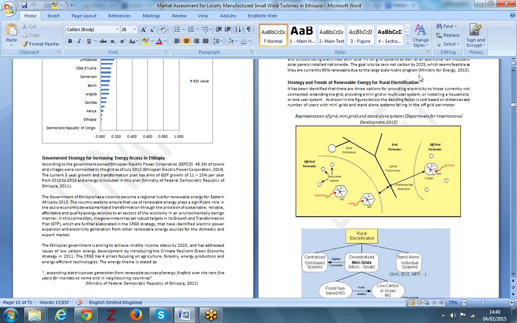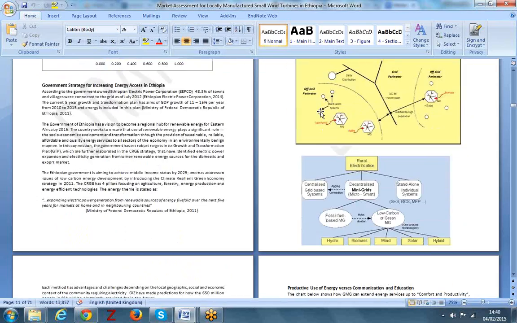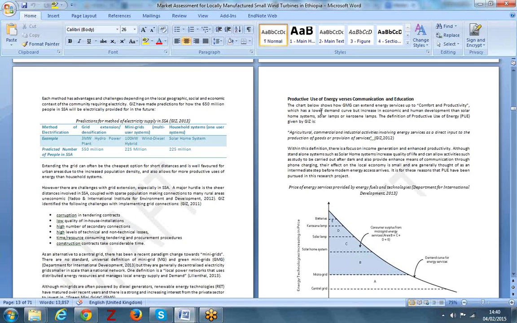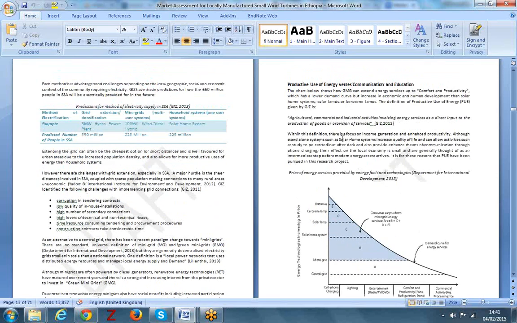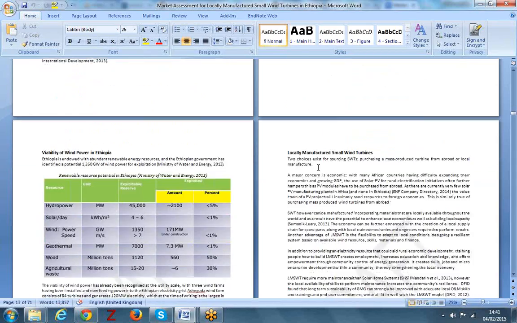Over here is the strategy and the trends of renewable energy, talking a bit about mini grids, and the difference between productive use of energy here and communication and education, and how the quality of life can be increased with mobile phone charging and lights, which most people want, but the economy can only really grow if there's this productive use of energy, and why that's the focus.